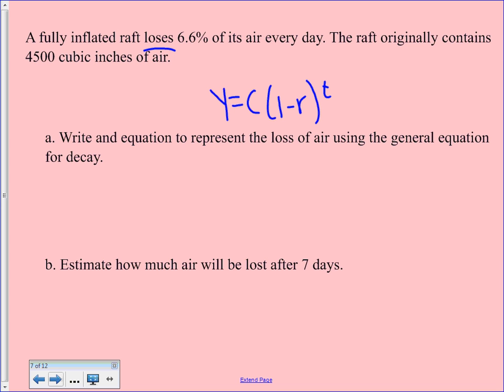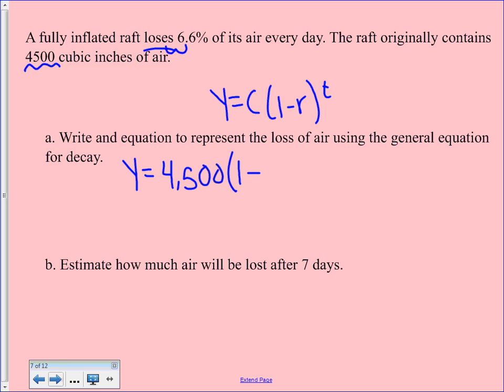So let's plug in what we know. Well, we don't know y. Our starting value is right here. Here's how much air we're starting with, which is 4,500. 1 minus our rate. Now that rate is in percentages, so because it's in a percentage, I want you to convert it to a decimal.